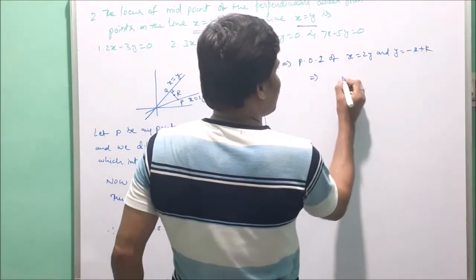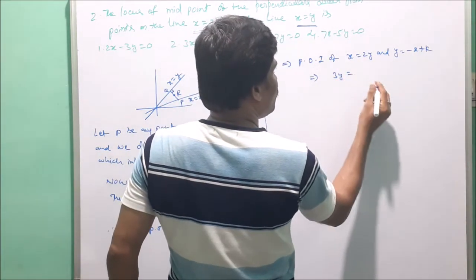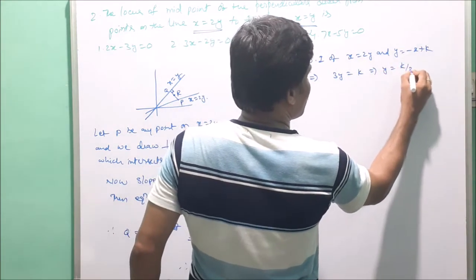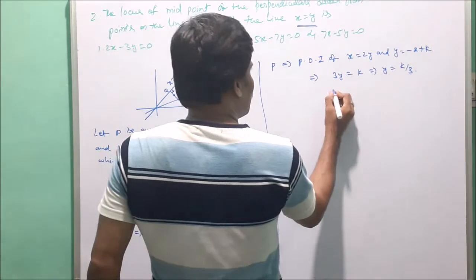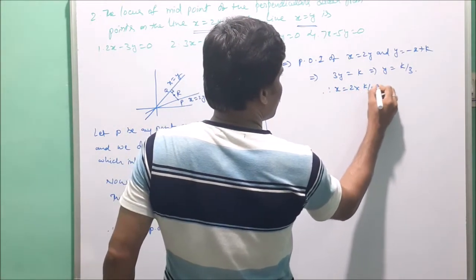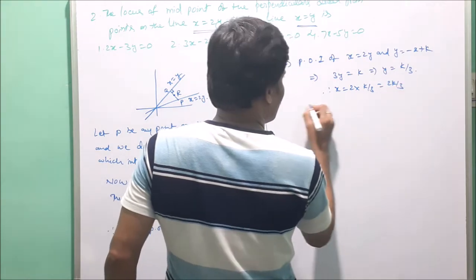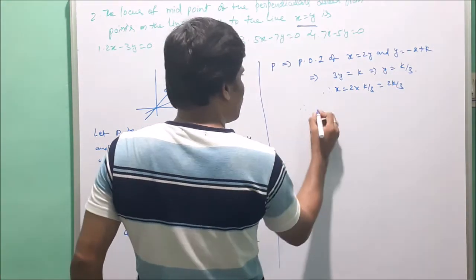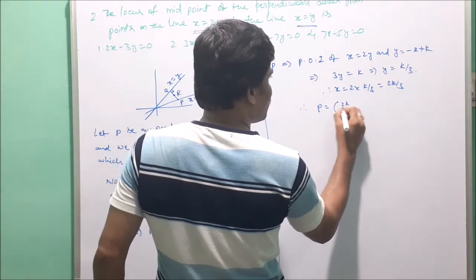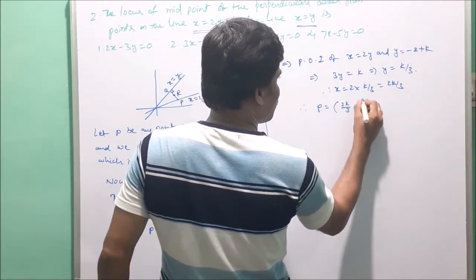Here x will be cancelled. 3y equals k. Now y equals k by 3. Therefore x equals 2 into k by 3, that equals 2k by 3. Therefore the point of intersection P equals (2k by 3, k by 3).